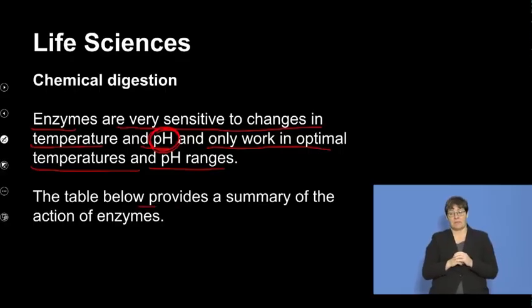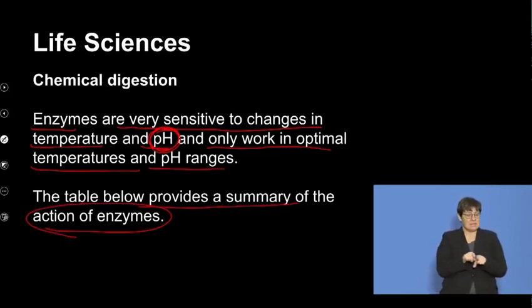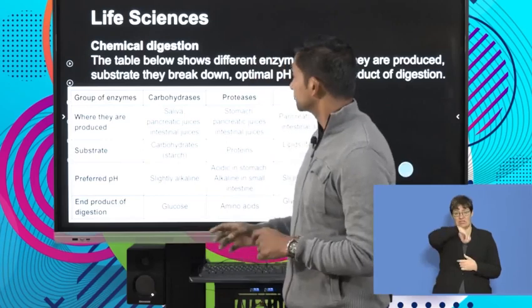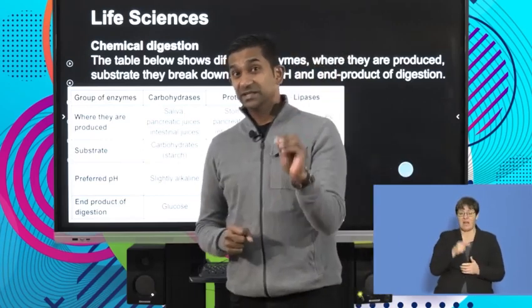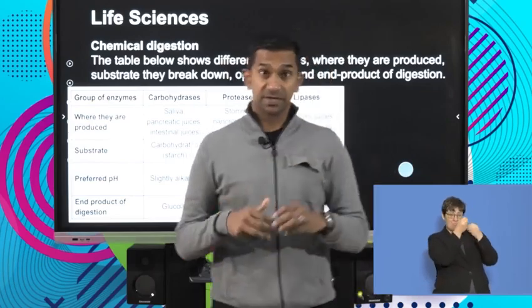So let's look at the table below that provides a summary of the action of the enzymes. As I mentioned earlier on, it's important that you make notes of these. This is an important section in chemical digestion, where we look at the enzymes, we look at what are the substances that they target, and what happens when they break these down in terms of the products.